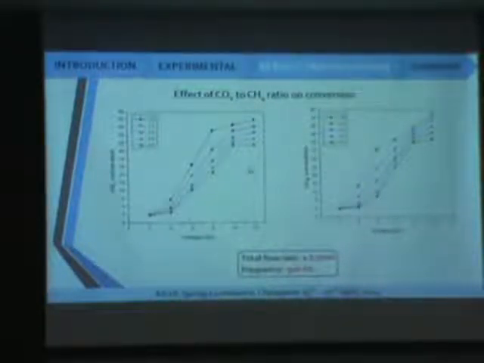In this case, we can see that by increasing the ratio of carbon dioxide to CH4, the conversion of carbon dioxide is decreased, but the conversion of CH4 is increased.